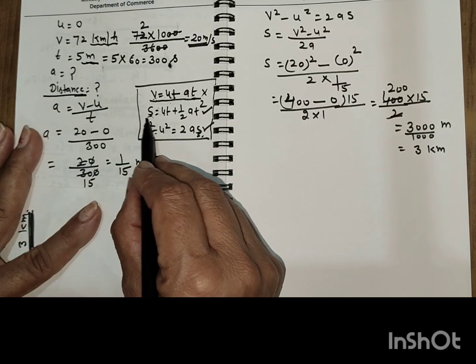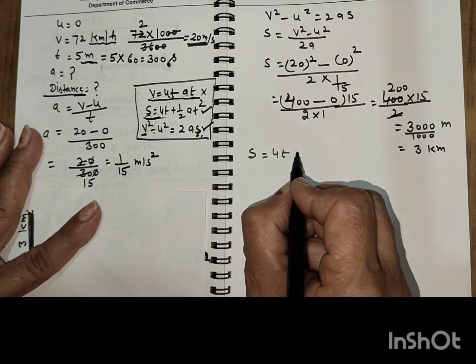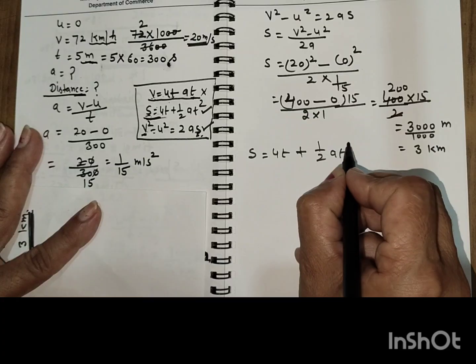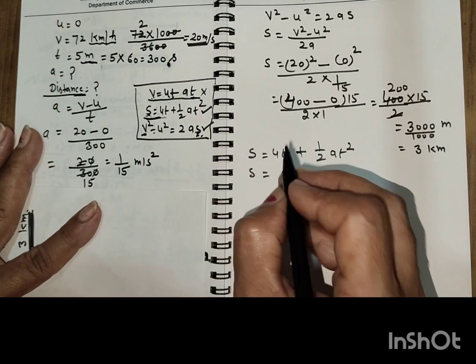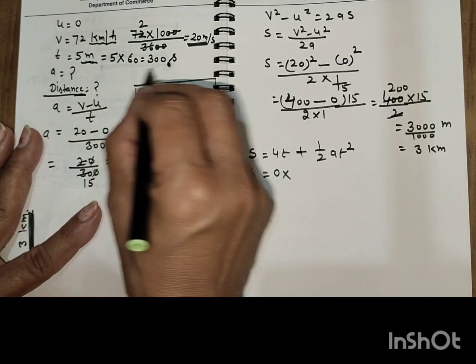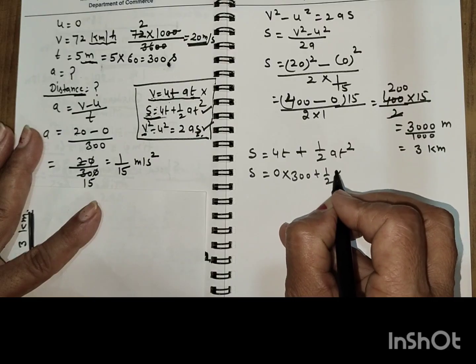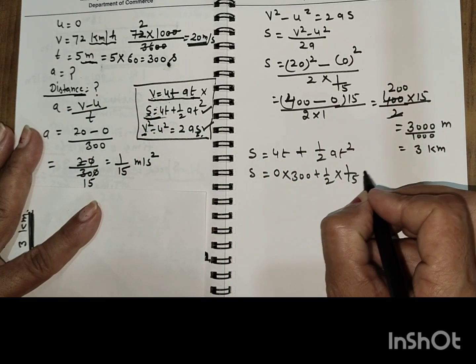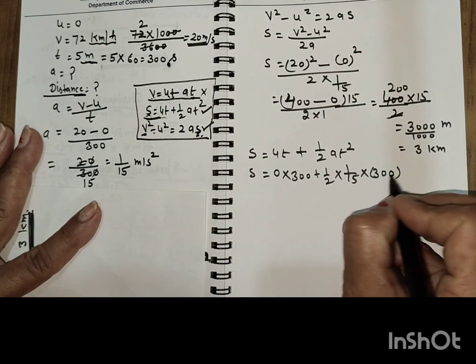Now we will also try with this formula, whether it will give the right answer or not. S is equal to ut plus half at square. Then put the values. U is equal to 0 and t is equal to 300, plus half a, which is 1 by 15, into t square, 300 square.